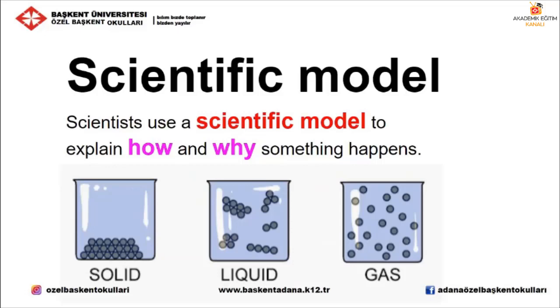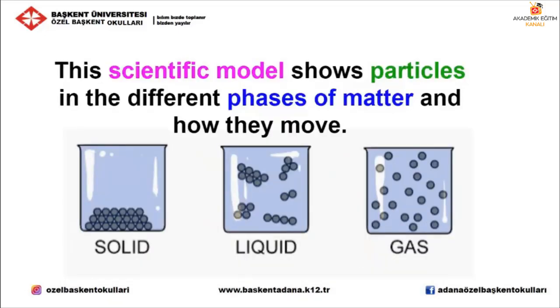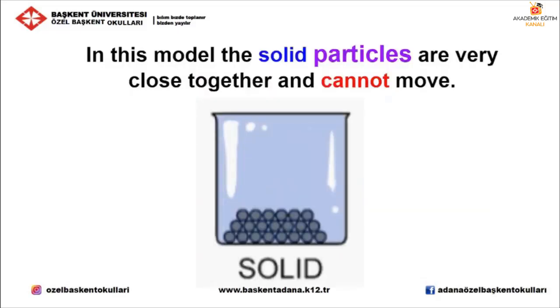This is a scientific model of a solid, a liquid, and a gas. This scientific model shows particles in the different phases of matter and how they move. In this model, the solid particles are very close together and cannot move.